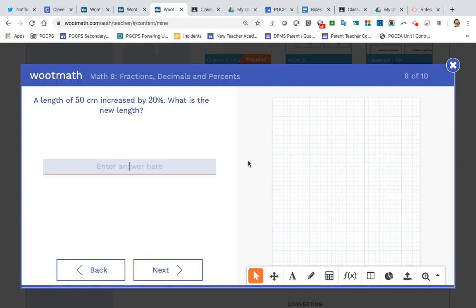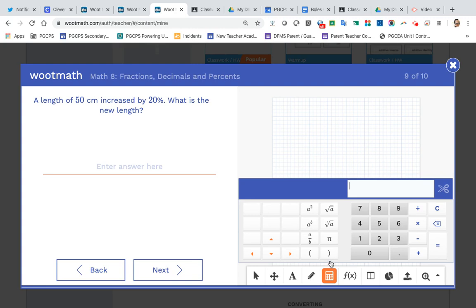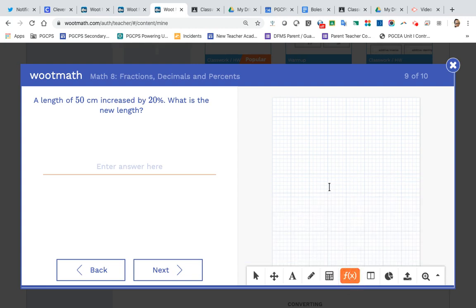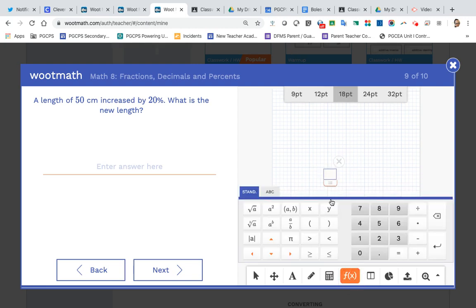Now, the reason why I chose this part is because of the fact that you got to have your units. So, I got 50. Let's do it like this. I start off with 50 centimeters.